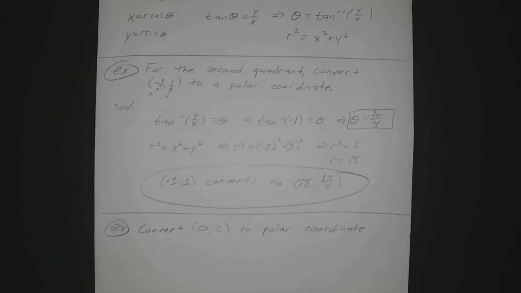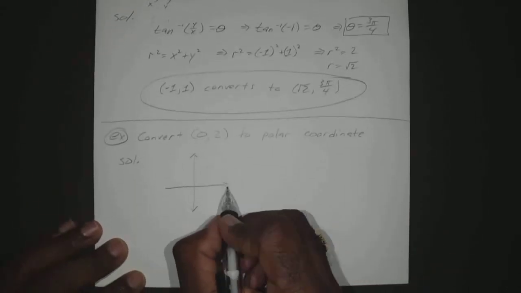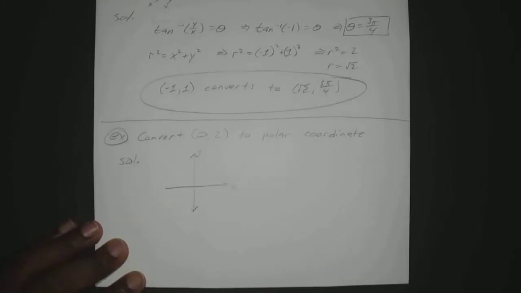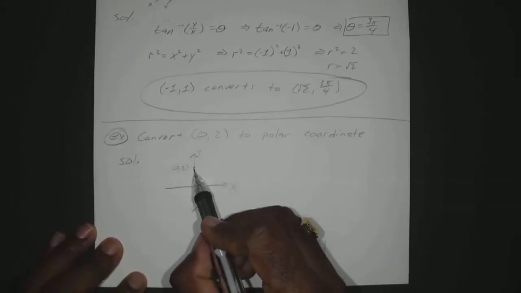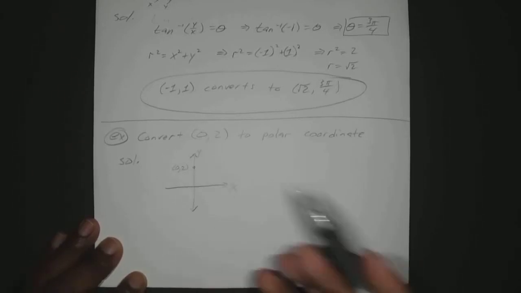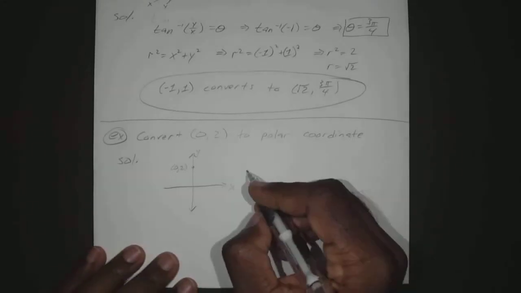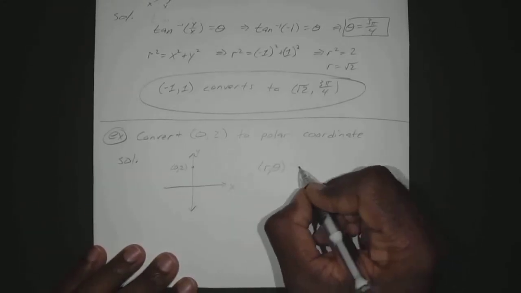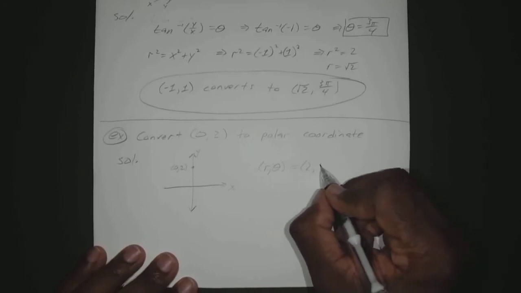You can actually solve this one without plugging anything in. If we plot 0, 2 on our xy axis, you can see that it's on the y-axis, which means theta is pi over 2. And it's a radius of 2, so your r, theta is just equal to 2, pi over 2.